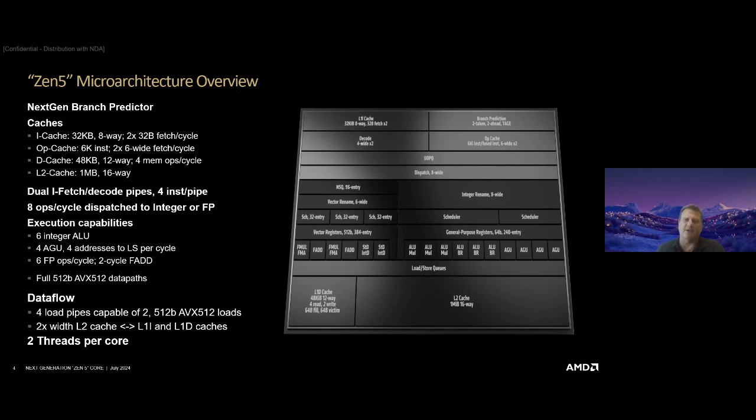For execution, we grew to 6 integer ALUs, 4 address generations, so we can do 4 load stores per cycle, 6 floating point ops per cycle, reduced the FADD to 2 cycles, grew that data path capability to 512 bits, 2 of which can be AVX-512 loads, and doubled the bandwidth from the L2 to the L1, and as always, supporting 2 threads per core. So as you can see, really a big new fundamental foundation for compute.